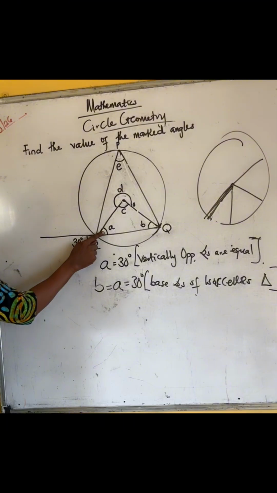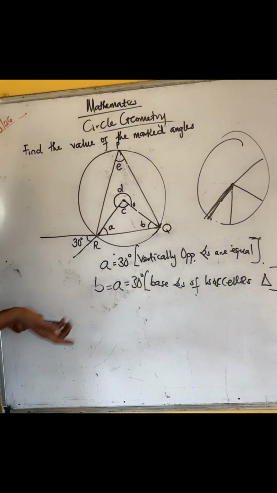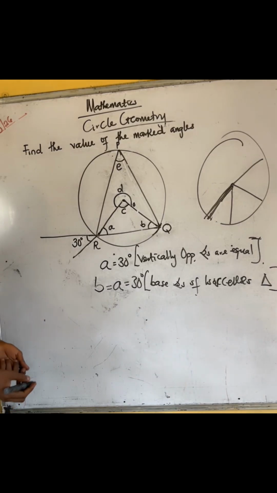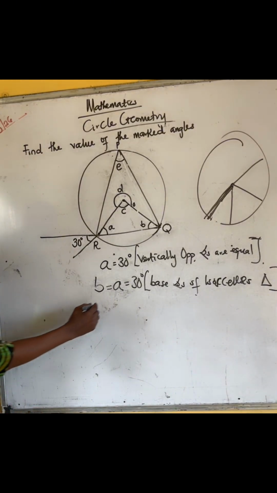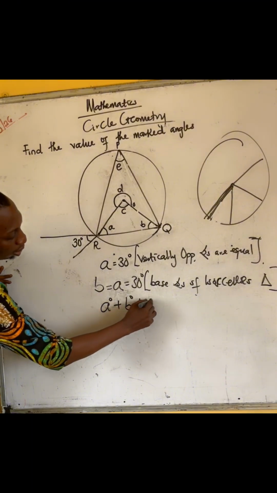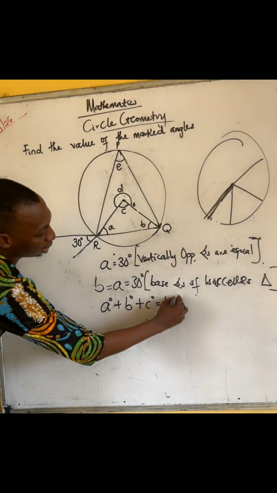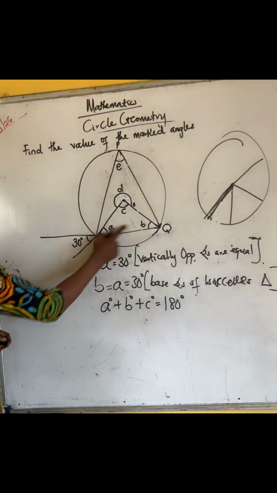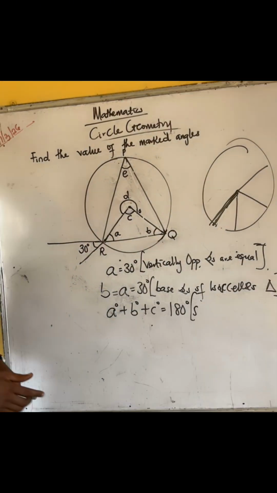So, provided I've gotten A and B, I can equally get C. Since I know angle ABC forms a triangle, and from your knowledge of triangles, don't forget, when you add up angles in a triangle, you end up getting 180 degrees. A plus B plus C is 180.